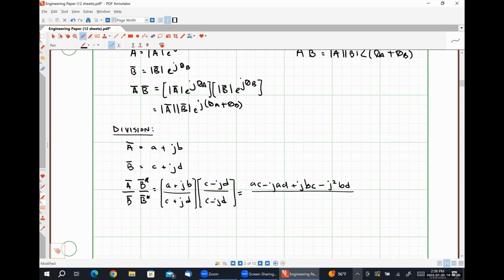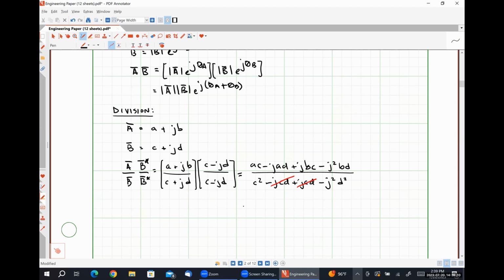divided by C squared minus J CD plus J CD minus J squared D squared. So a couple of things here. Obviously, this cancels this. Negative J squared is just plus 1.